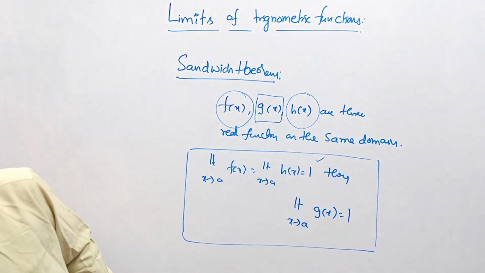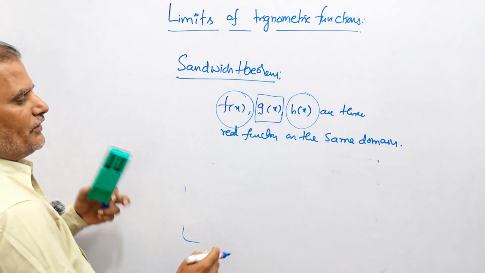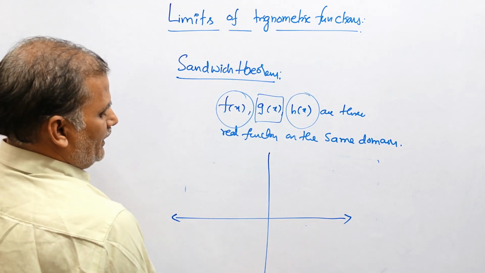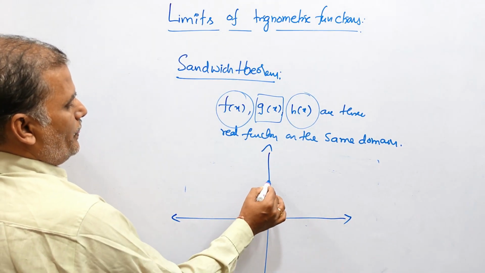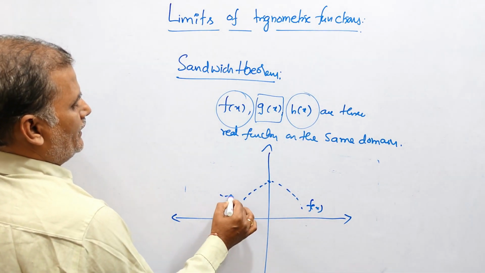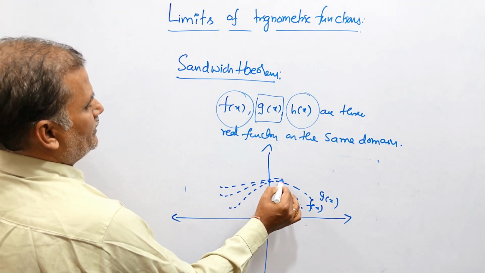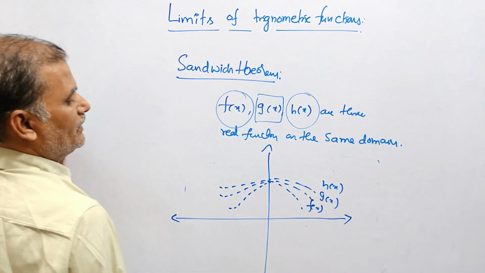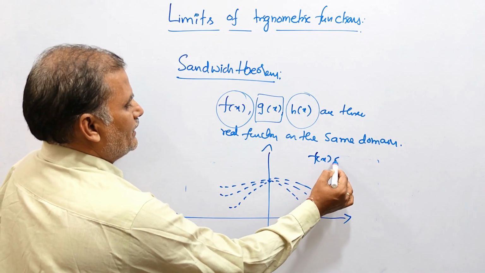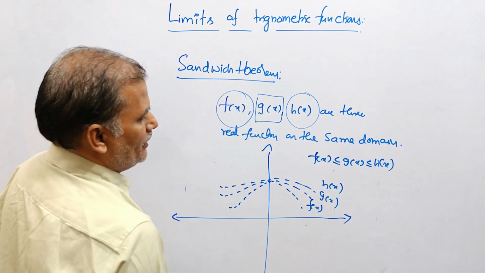Here, taking the graphical notation, we observe three functions f x, g x and h x on mutually perpendicular axes. This function is called the f x function, this one the g x function, and this one the h x function. These three functions are on the same domain, with f of x less than or equal to g of x less than or equal to h of x.